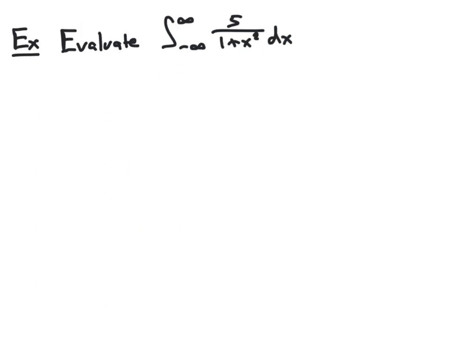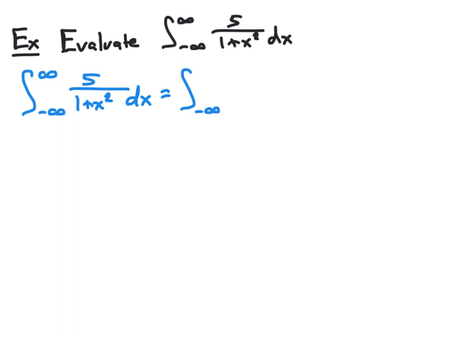In this example, we want to evaluate the improper integral from negative infinity to positive infinity of 5 over 1 plus x squared dx. Since this improper integral has an infinite limit for both the upper and lower limits, we want to first rewrite this integral as the sum of two improper integrals, each of which have only one infinite limit.